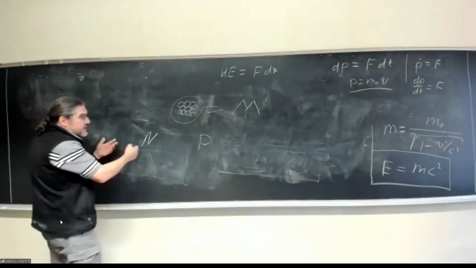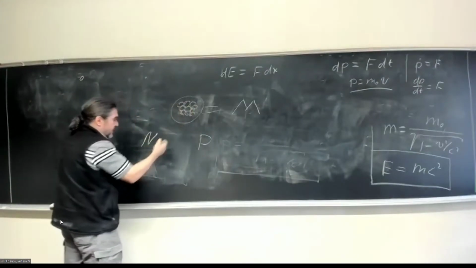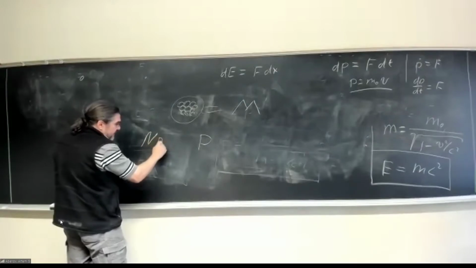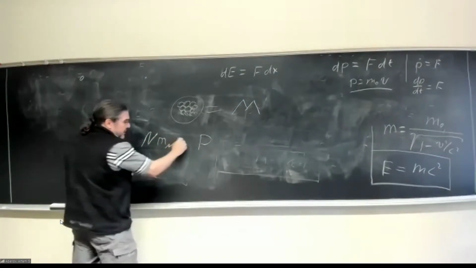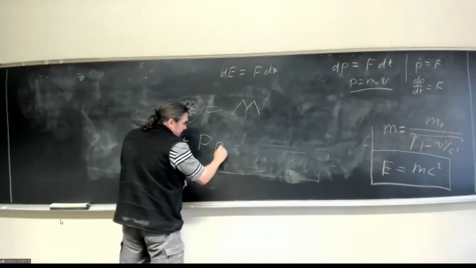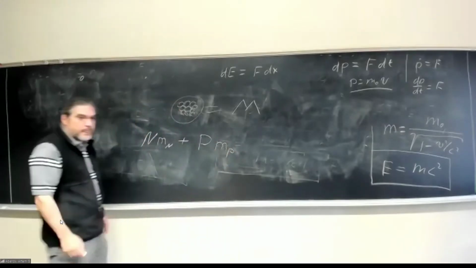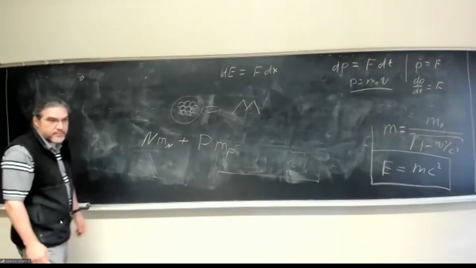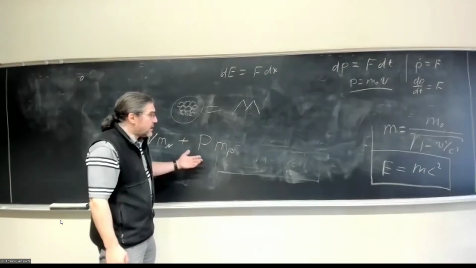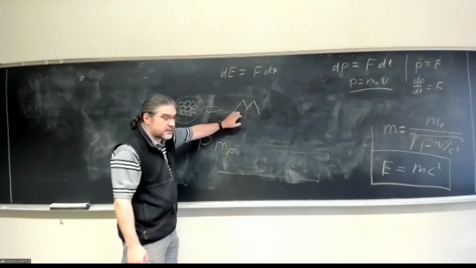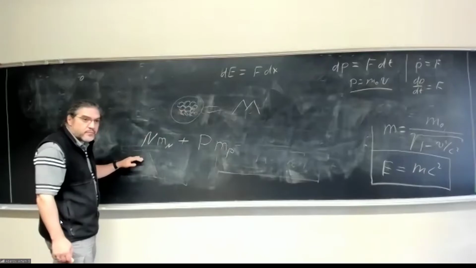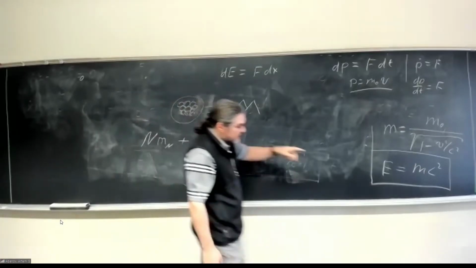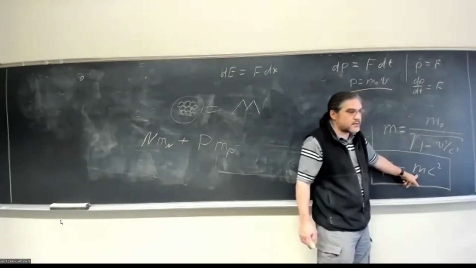So then the total mass of the constituents here is the number of neutrons times the mass of each neutron plus the number of protons times the mass of each proton, right? But this mass and this mass will not be the same because the binding energy translates to the difference in masses, right?